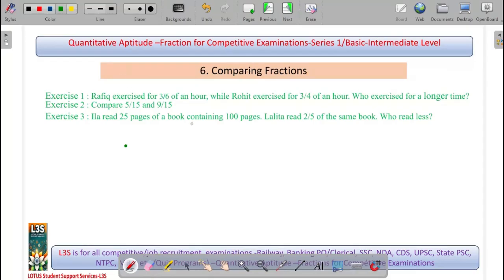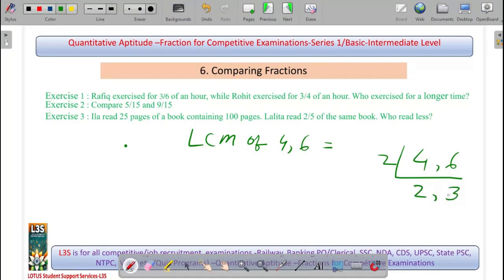So there are two unlike fractions here, 3 by 6 and 3 by 4. First we will find the LCM of 4 and 6.